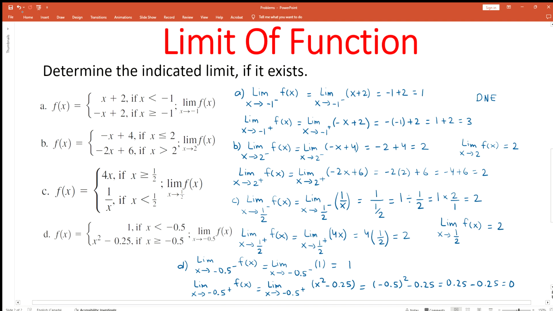Since the left-hand limit is not equal to the right-hand limit, this means the limit x approaches negative 0.5 for f at x does not exist. We can write the answer the same way as for part A.